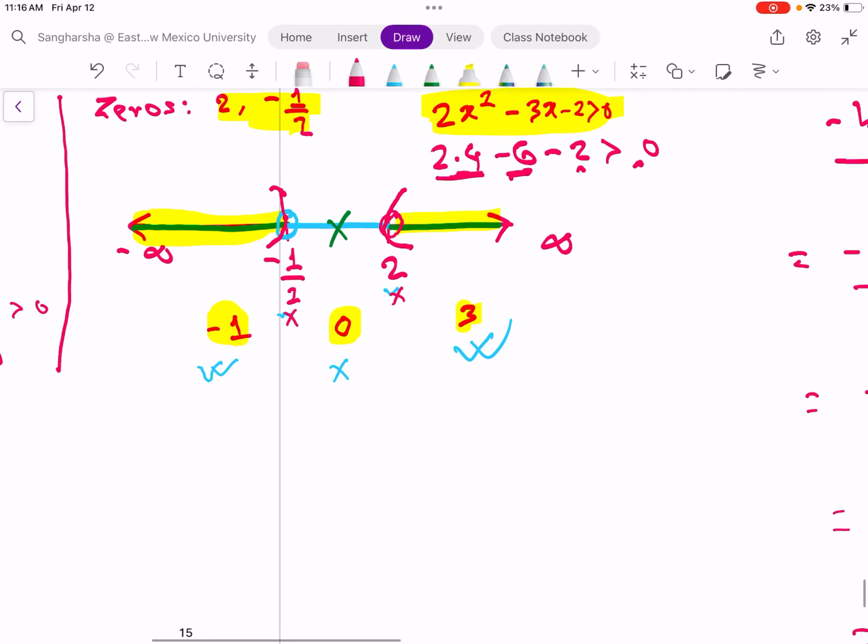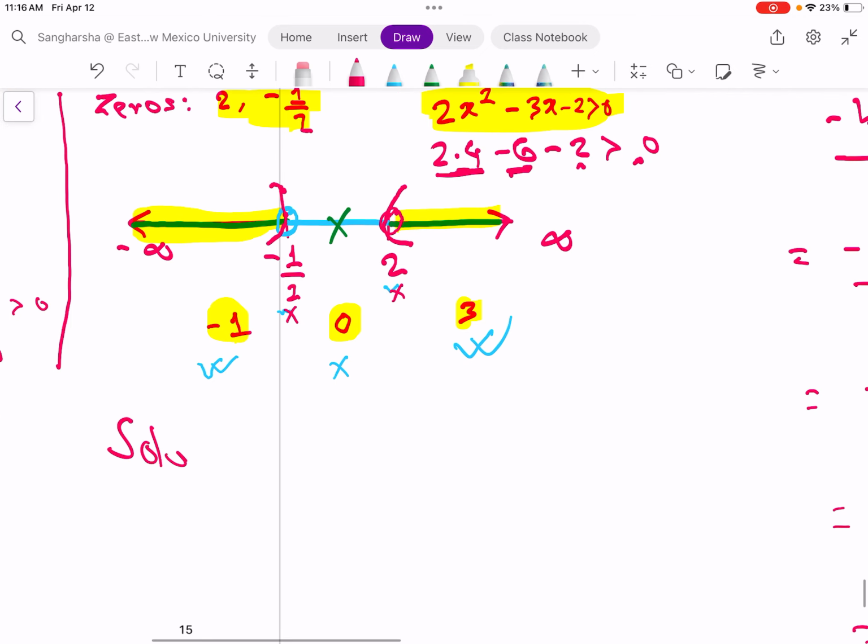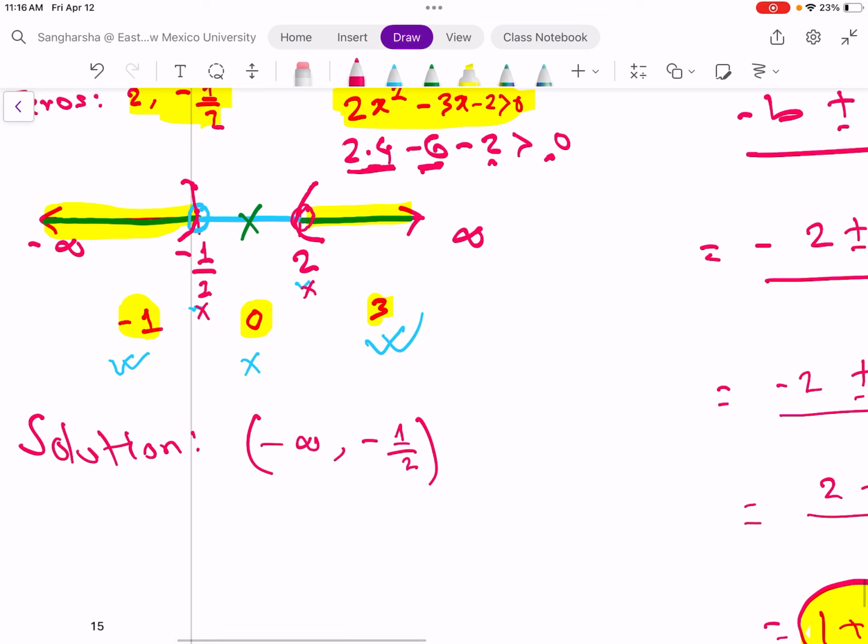Now what is our solution here? First interval and second interval. Our first interval is from -infinity to -1/2. -1/2 is not a solution, so we have parentheses. Or, it means union, the last interval from 2 to +infinity. 2 is not a solution, so parentheses on both sides.